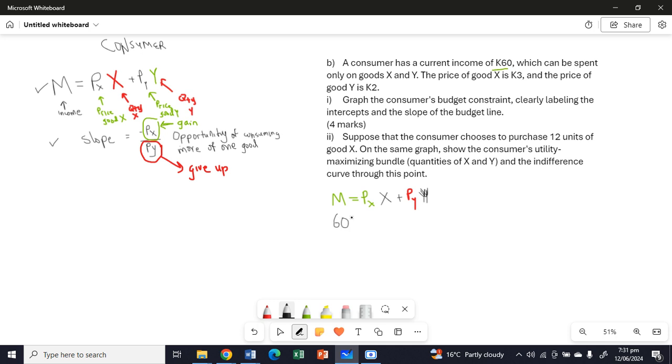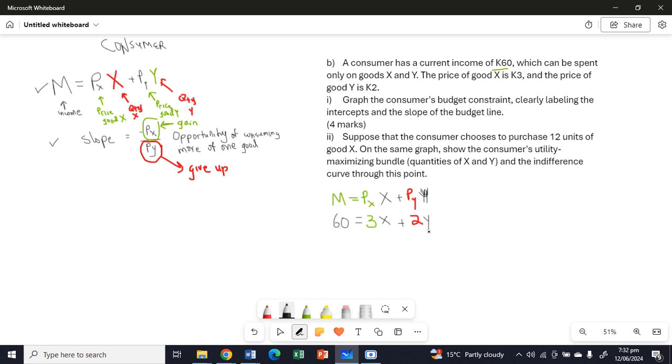They've told us the price of good X is 3 kwacha, so we replace PX with 3. We haven't been given the quantity, so you leave X like that. Plus, the price of good Y is 2 kwacha, so you replace PY with 2. And we haven't been given the quantity of good Y. So this is our budget constraint line.